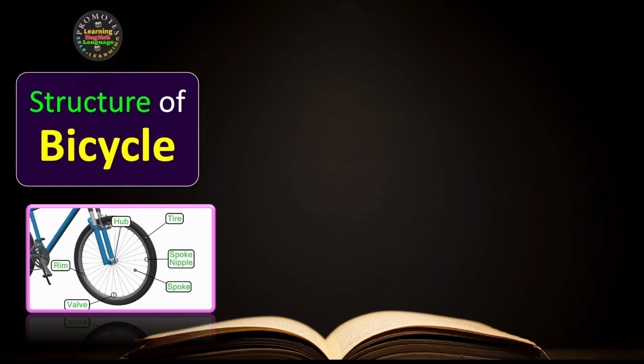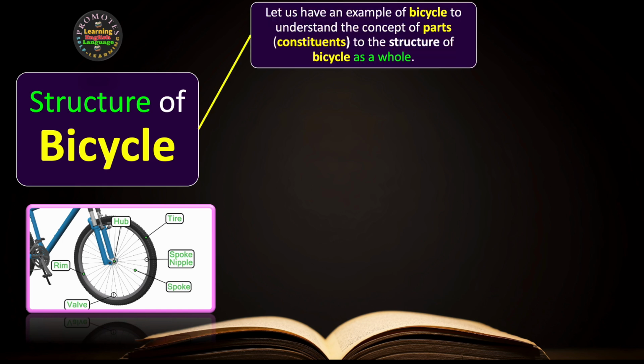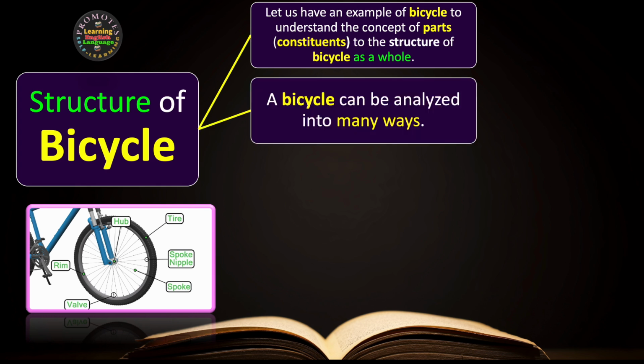Move on to the next point of discussion, that is structure of bicycle as a whole. Let us have an example of a bicycle to understand the concept of parts, constituents to the structure of a bicycle as a whole. A bicycle can be analyzed in many different ways.